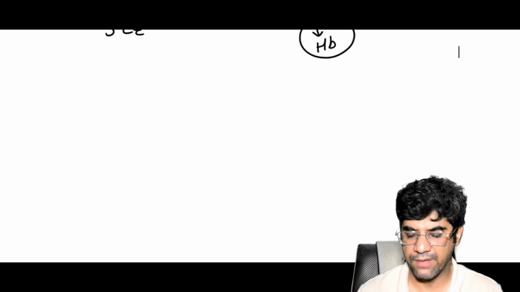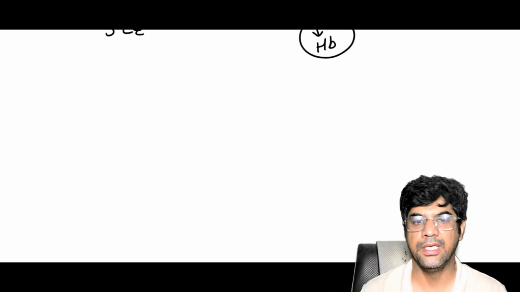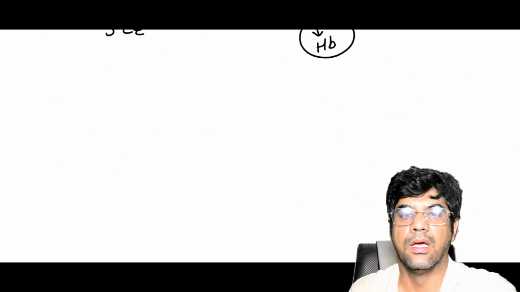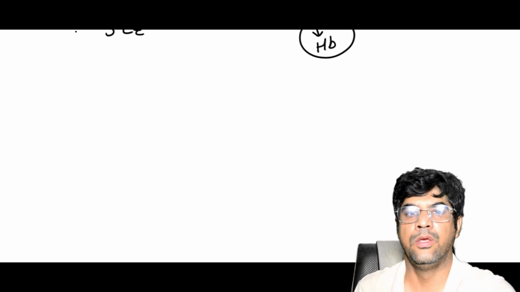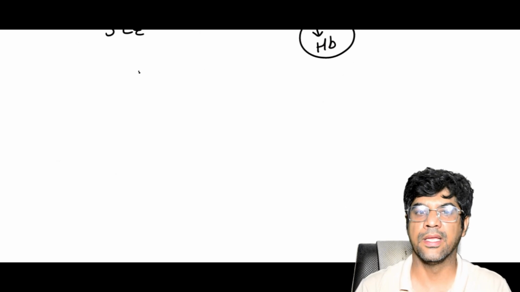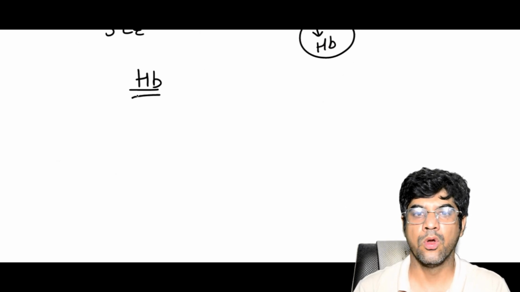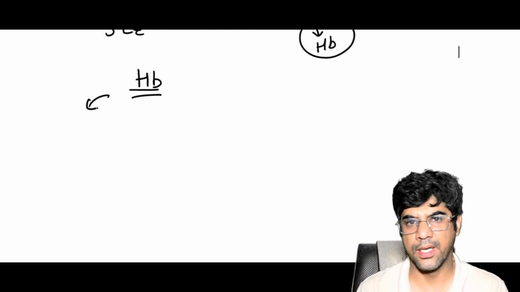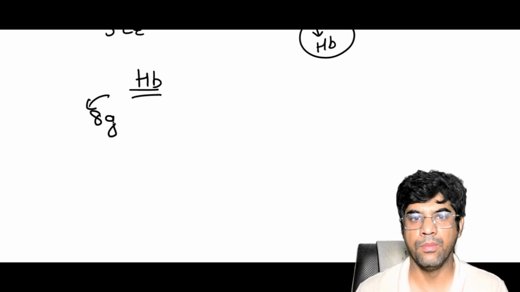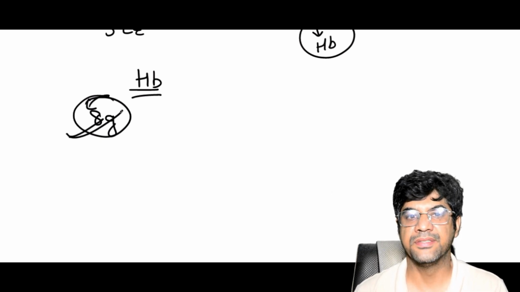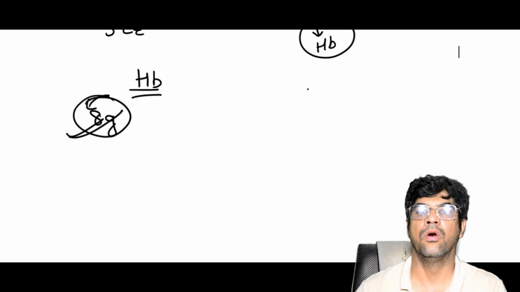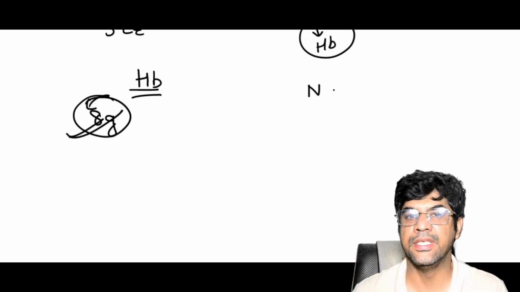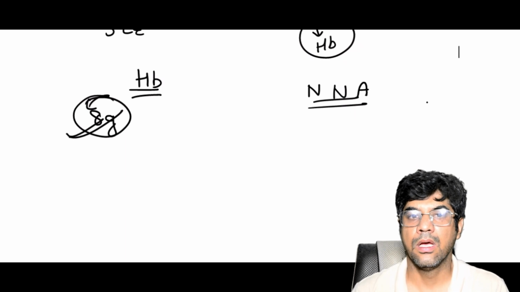Now, what are the laboratory findings that you would see in anemia of chronic disorder? First of all, there would be hemoglobin that you can see is mild to moderate anemia. The hemoglobin below 8 may suggest additional features. On a blood picture, you will see normocytic, normochromic anemia.